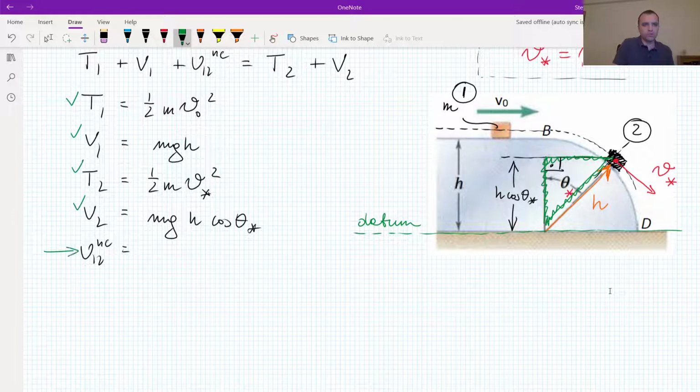Now let's focus on U12 of non-conservative forces. So I think it will be 0, isn't it?